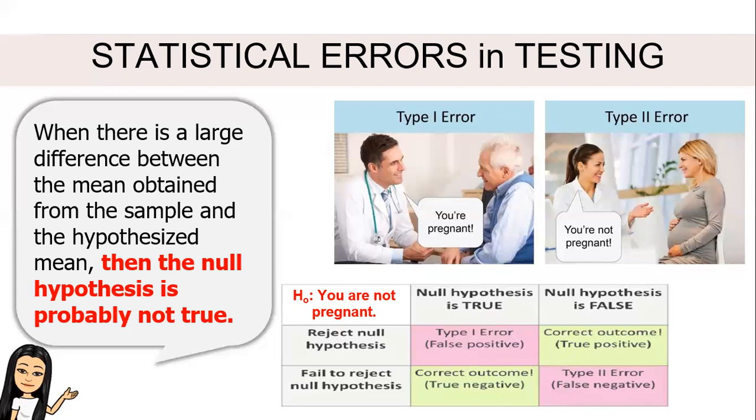But if your literature says the mean height of people is 5'5", and you found out that the mean height is 7 feet, then I think it's kind of far. So the null hypothesis is most likely false.